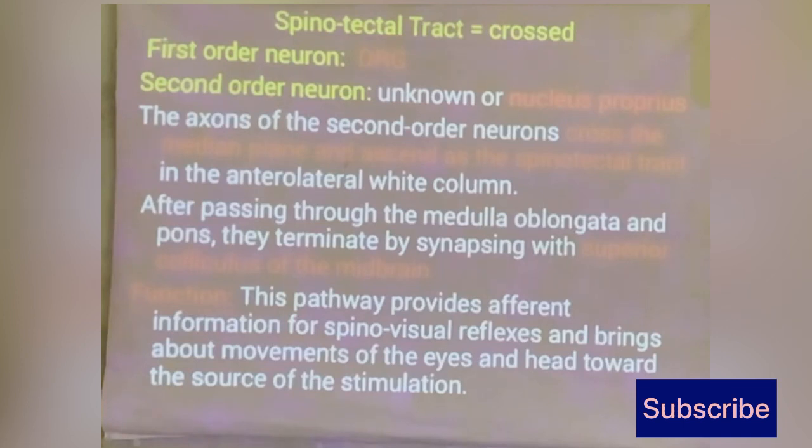For those that believe that it passes through the nucleus proprius, from there the second order neuron begins, gets out of the posterior horn, and then passes into the anterolateral white column of the spinal cord. After passing through the medulla oblongata, it forms the synapse in the superior colliculus of the midbrain.